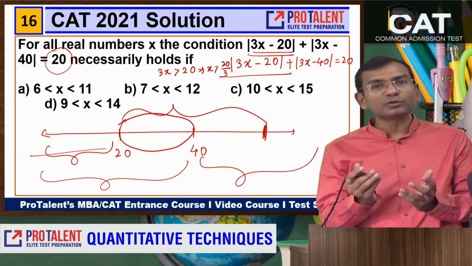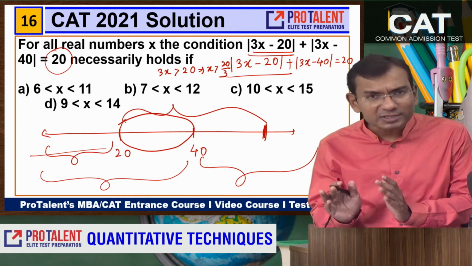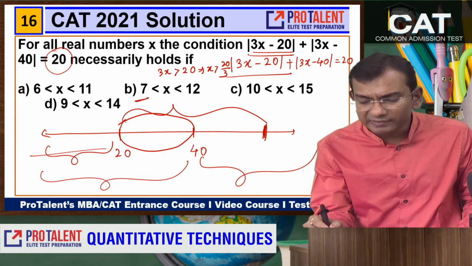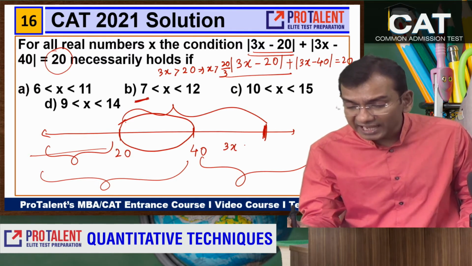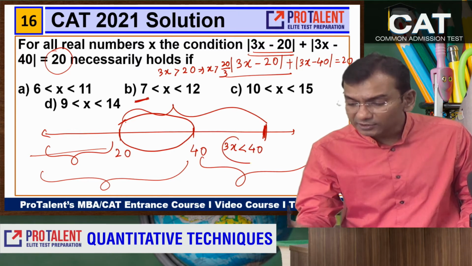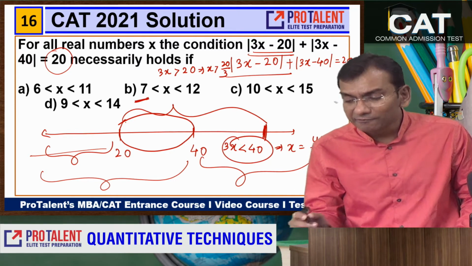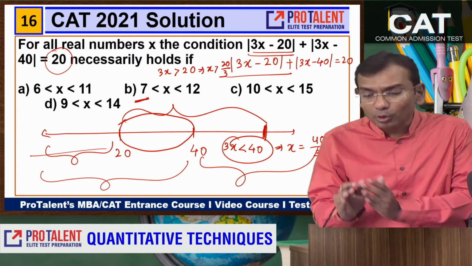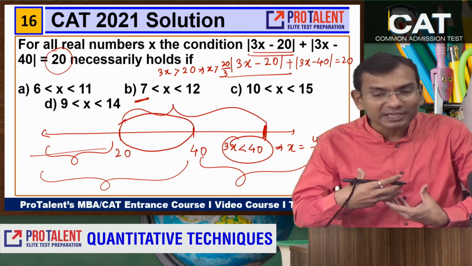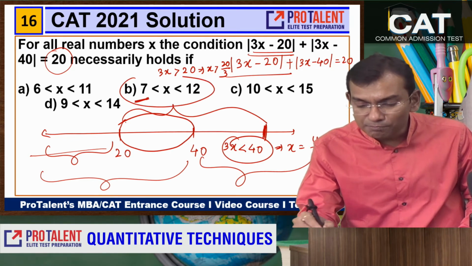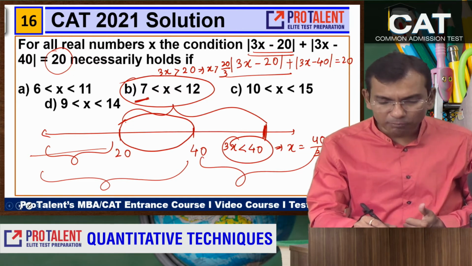What is that 20 by 3? Somewhere around 6.66. So that means it is somewhere around 7. Similarly, my 3x has to be less than 40. Yes or no? So therefore my x should be less than 40 by 3, which is 13 point something. So the only option that sits between 6.66 and 13 point something is B, that is my answer. Easy? Very good. It was very easy.